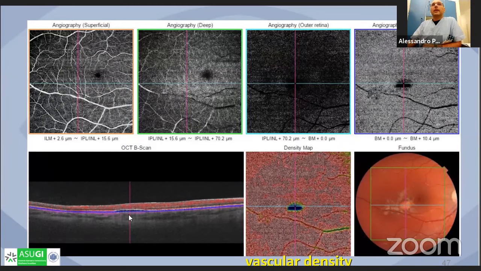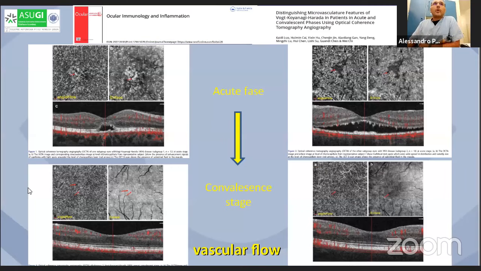So we don't have vessels. And this area of atrophy in torpedo maculopathy is due to a not normal development of the choriocapillaris in the area of interest.